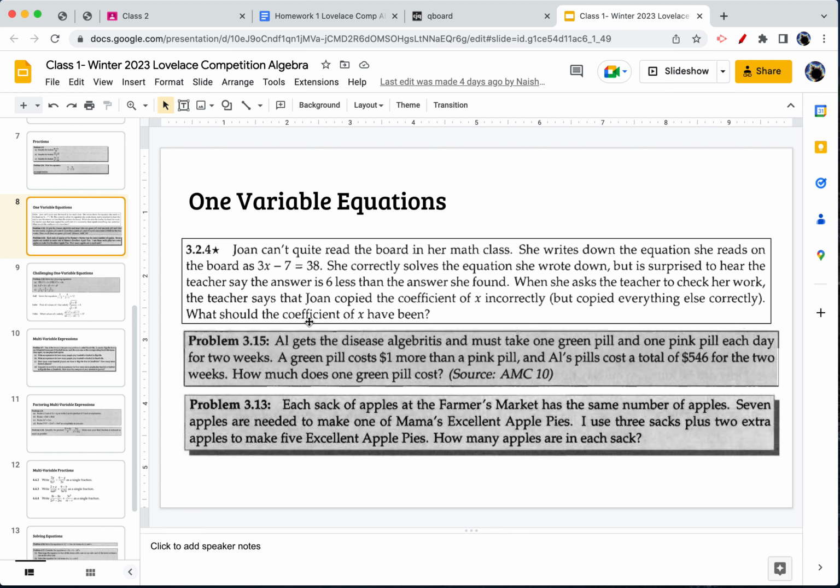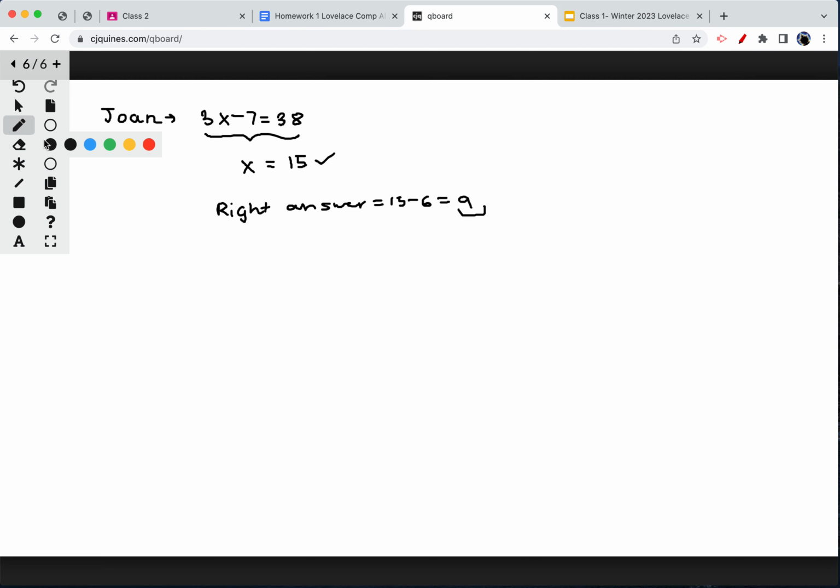So what should the coefficient of x have been? Over here, we know this is the equation that Joanne wrote down. And the teacher tells her that she copied the coefficient of x incorrectly. So that means Joanne wrote down 3 when she was supposed to write down something else. So let's say the value she should have written down is k.